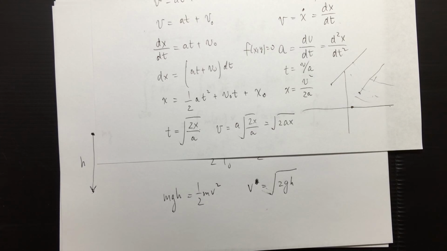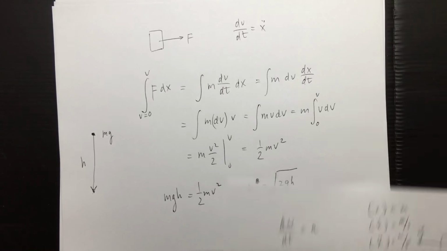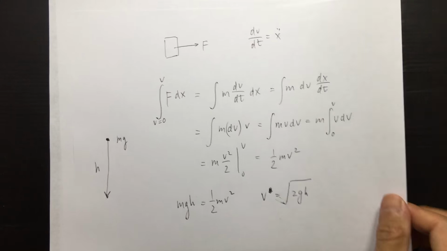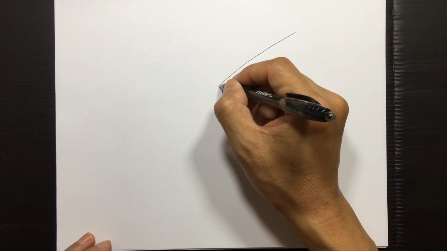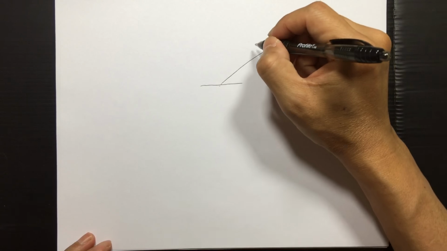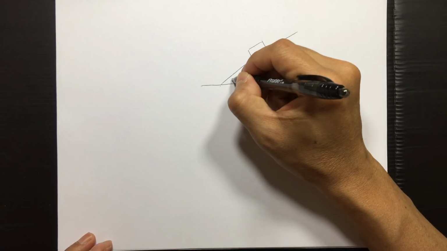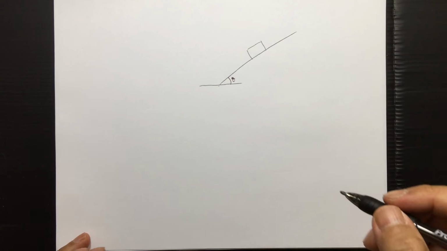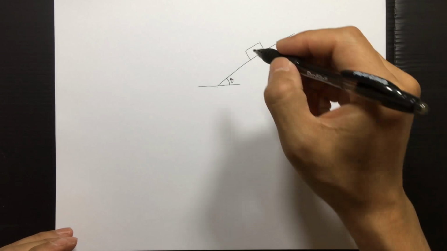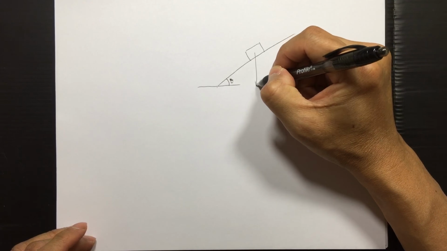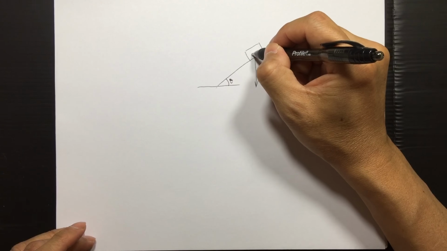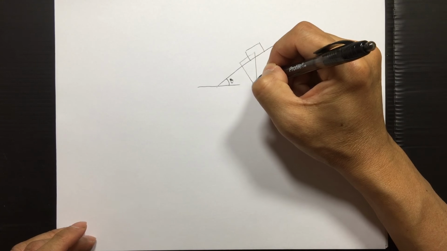Let's do an example on this, just to sort of get you into this. Let's do a wedge. This is theta. So you have this F, which is mg, that goes to F parallel and F vertical.